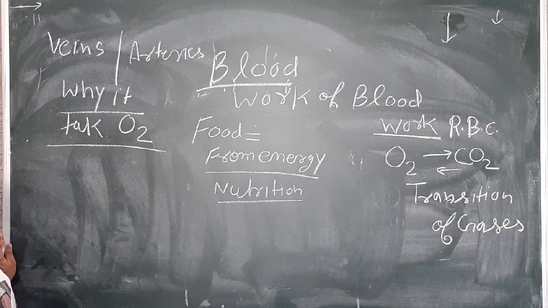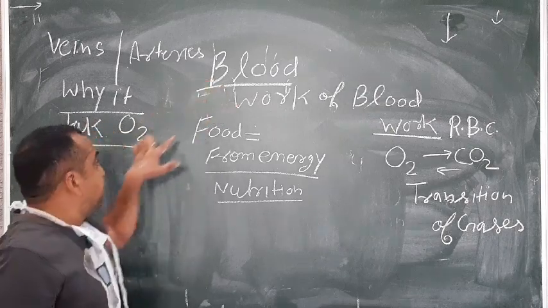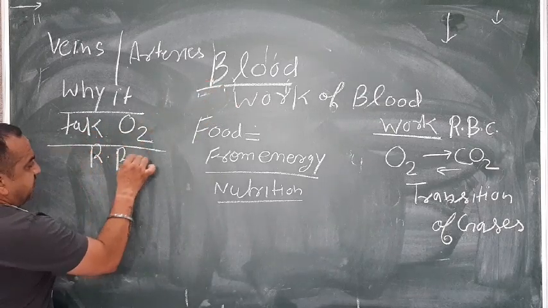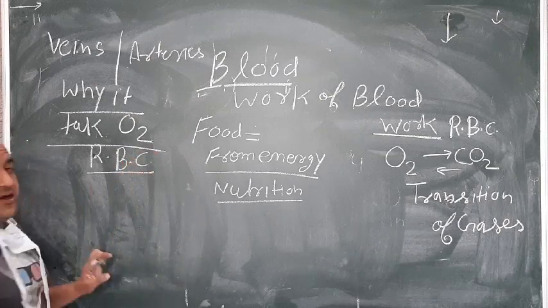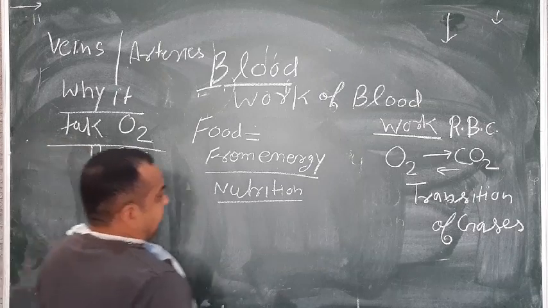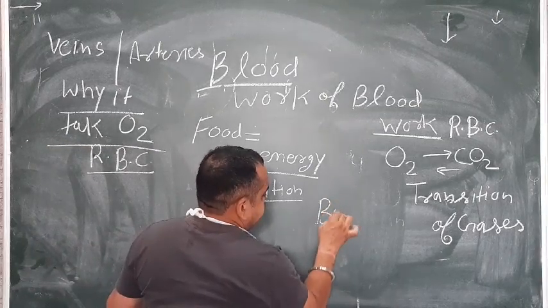The main work of food is giving energy and nutrition with the help of blood. The blood part RBC takes oxygen in our body. We know we get energy from any object by first doing a process called burning.